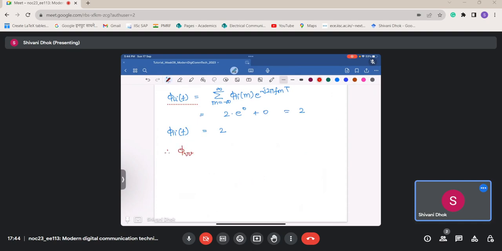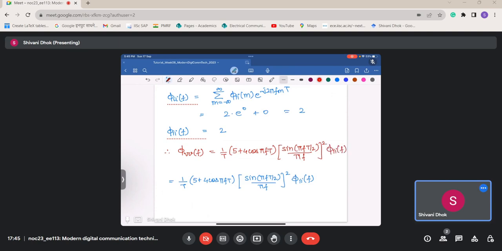Therefore phi VV of f is equal to this thing, so let me write it: 1 by T into 5 plus 4 cos pi f T multiplied by sine pi f capital T by 2 upon pi f whole square multiplied by phi I of f.